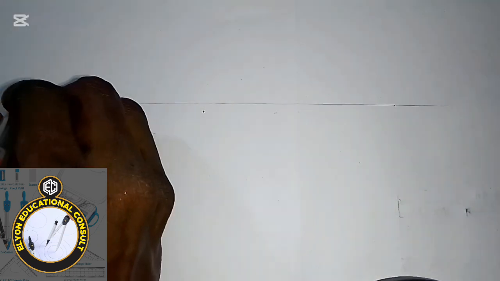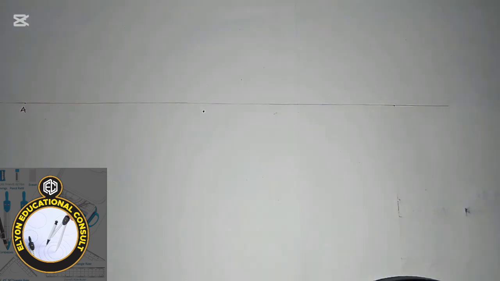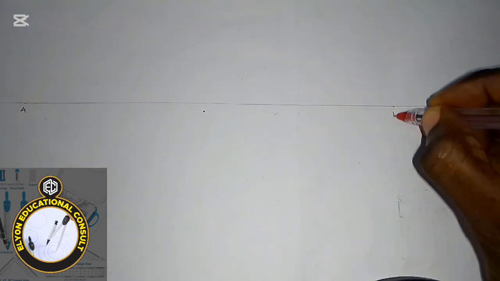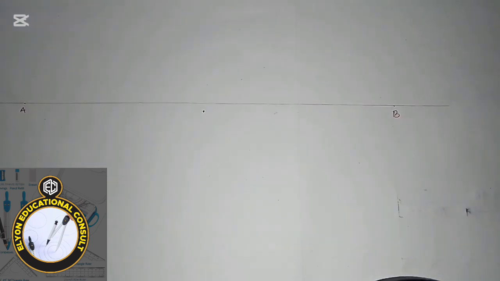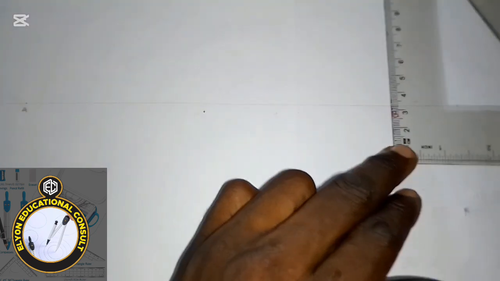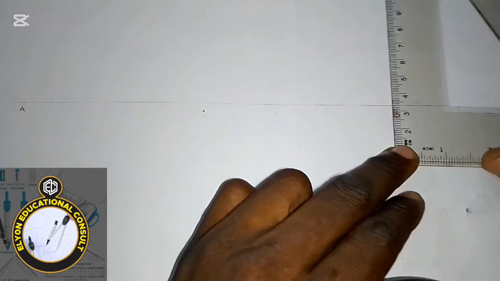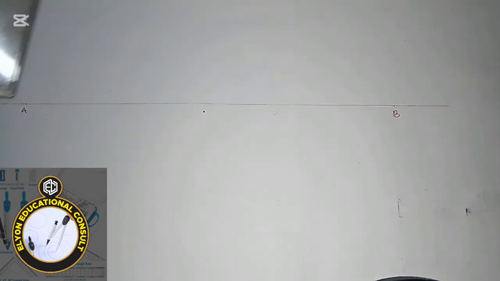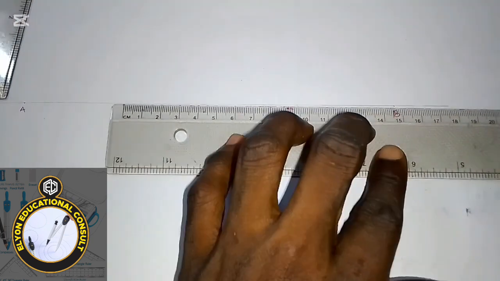Okay, so I can call this A, and I call this part B. Okay, so the next thing I'm going to do, I'm going to give the scale a height. So that height is going to be any convenient height of my choice. So let me extend this line.